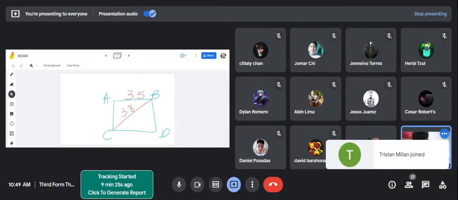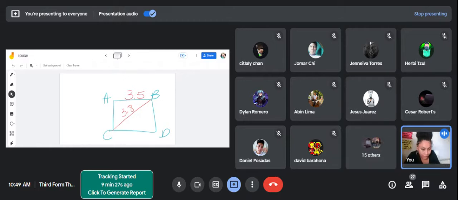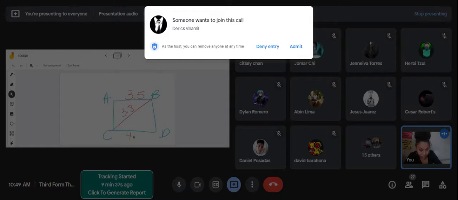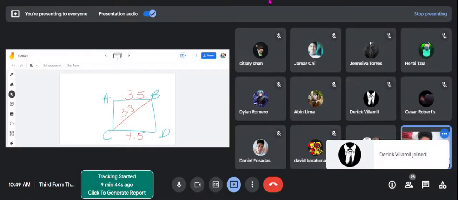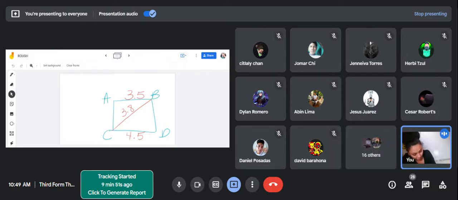It says CD is the same as DA, so CD is going to be 4.5, and AD or DA is going to be 4.5 as well because they're the same.